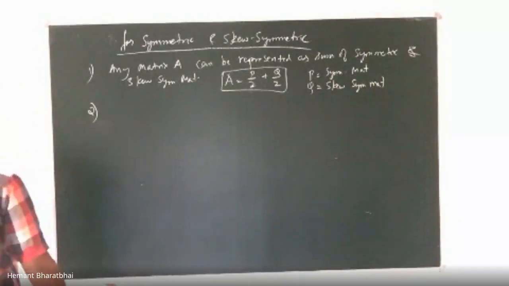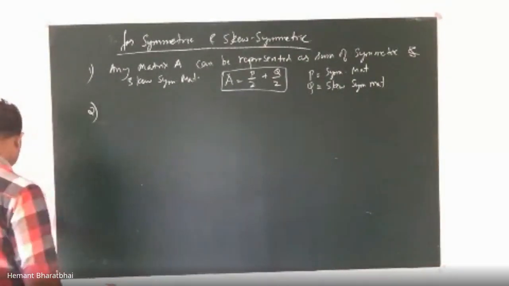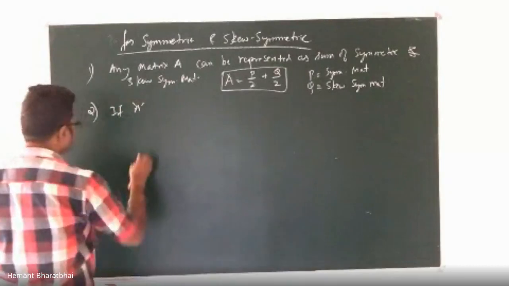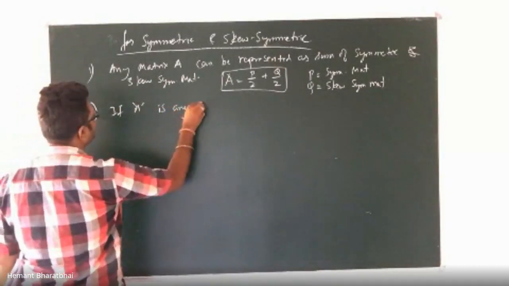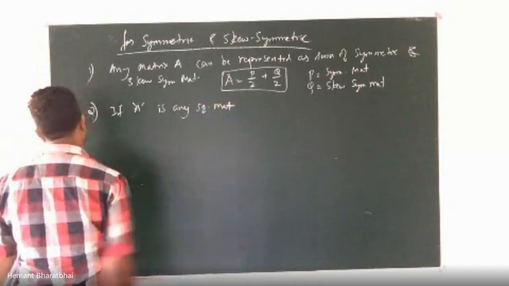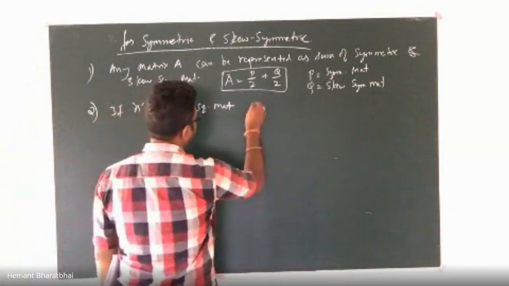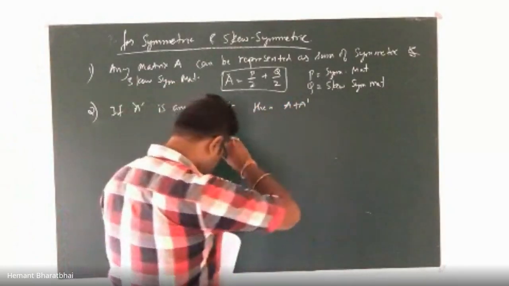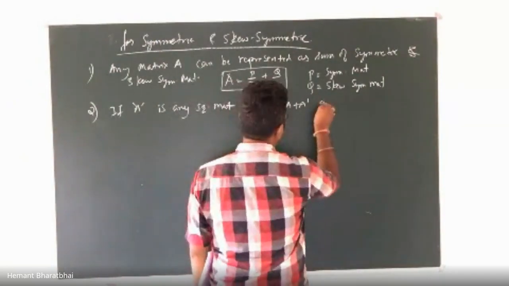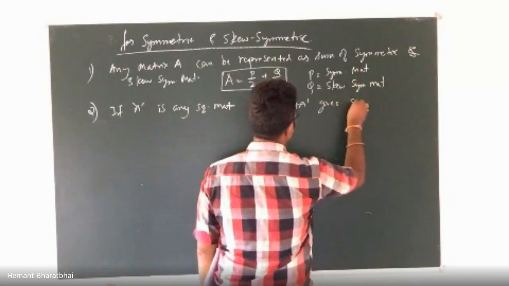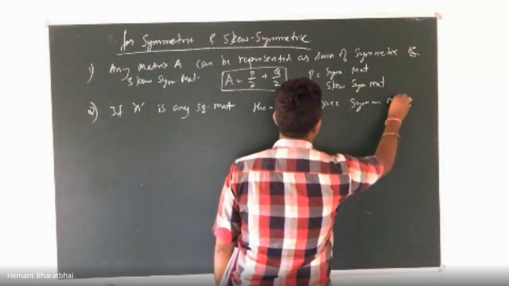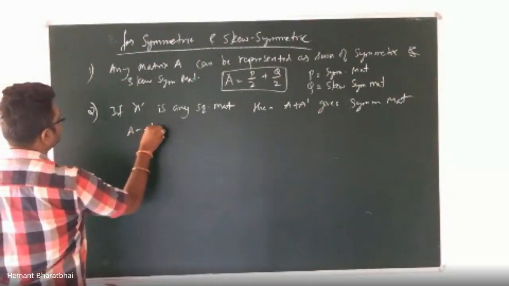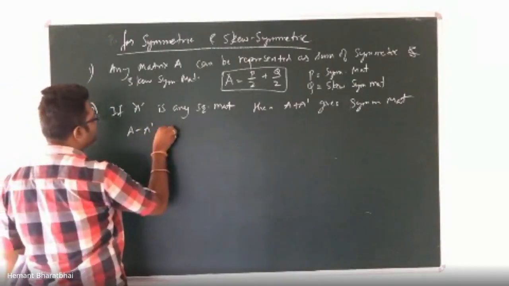Next property: if A is any square matrix, then A plus A transpose gives the symmetric matrix and A minus A transpose gives the skew-symmetric matrix.